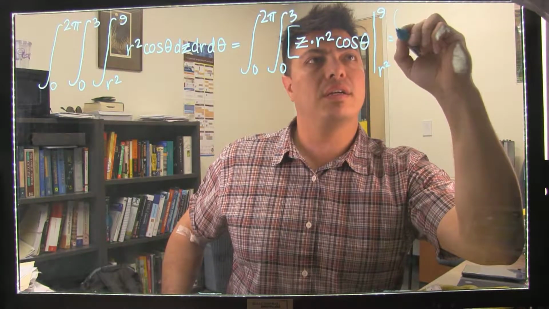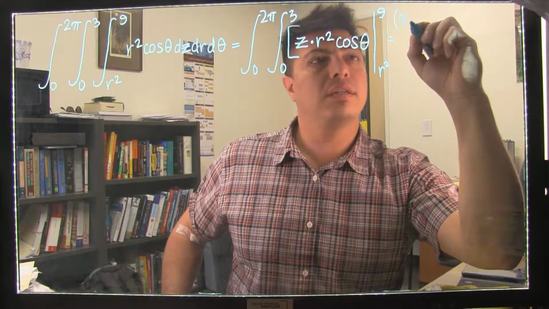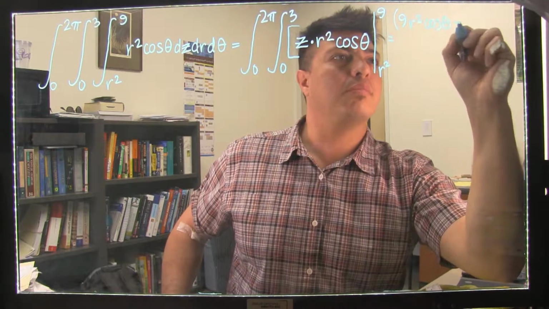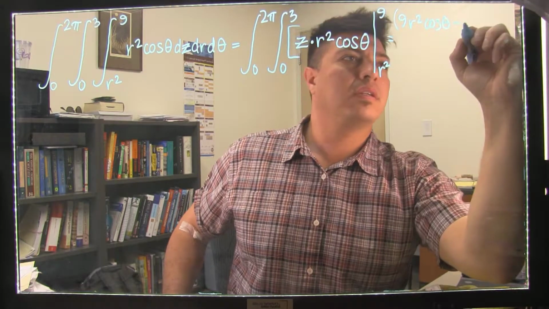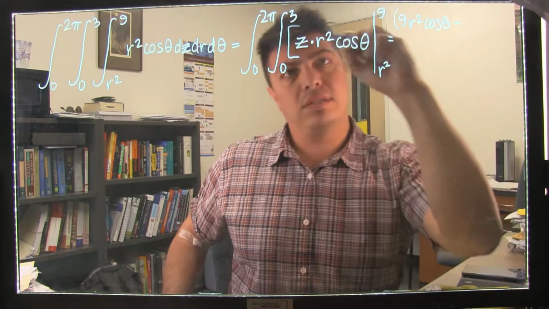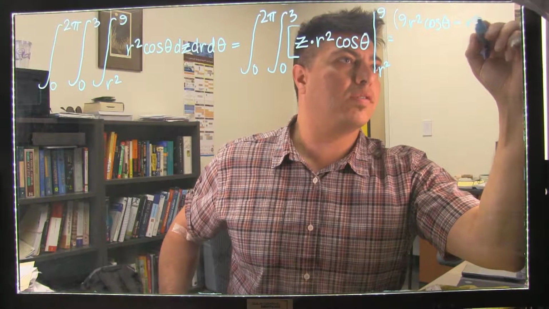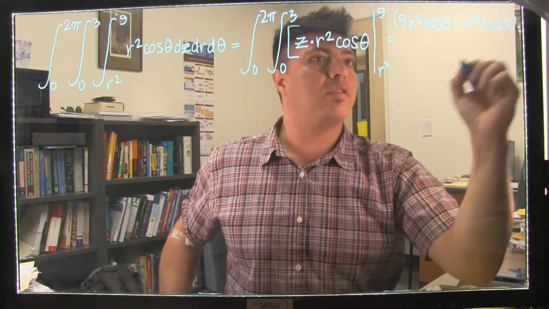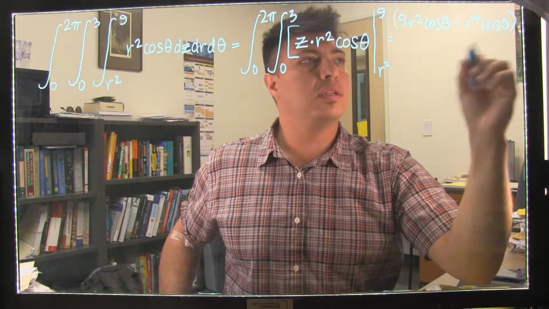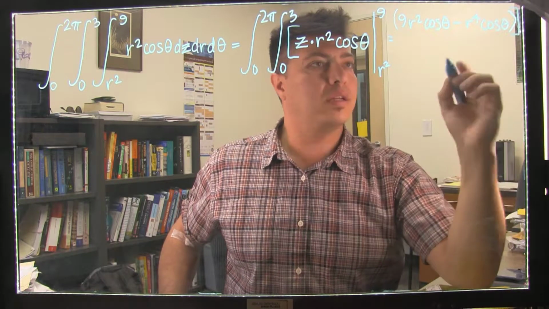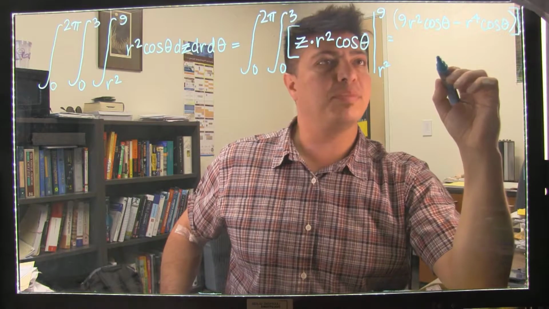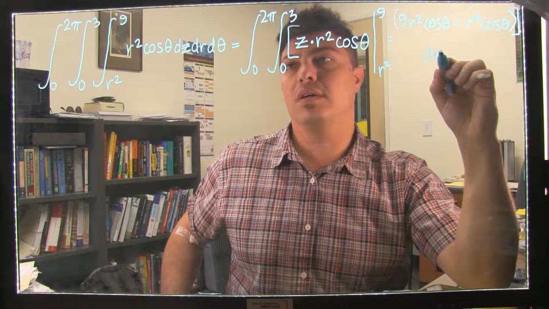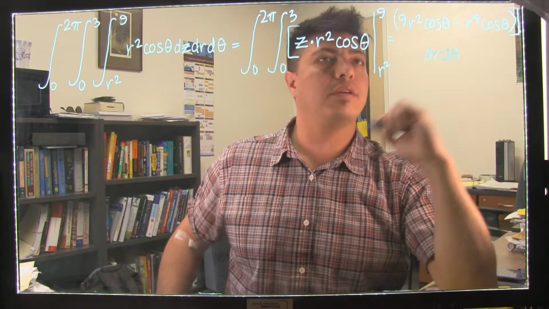We got here 9 r squared cosine theta minus, that's r squared times r squared, so we got r to the 4th cosine theta, and then all that, close bracket. It's going to get a little pinched in here. d r d theta.